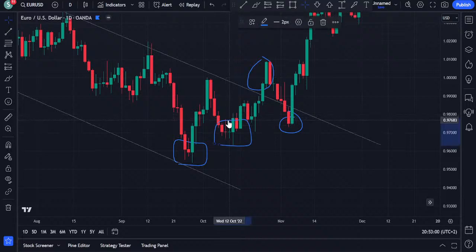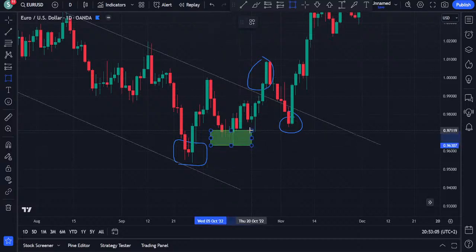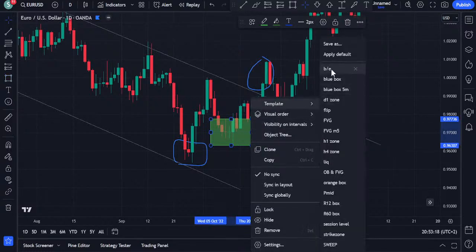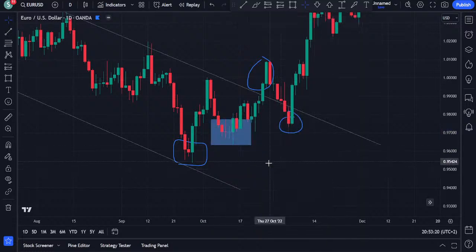Now let's make it look a little bit better. Here is the low, and the way I like to do it, the candle, we enclose all of these with just a blue box because it's simple. The green candle is the low, that's why I use it, and I go all the way to the top right here, not the wick, and I enclose another red candle behind it.